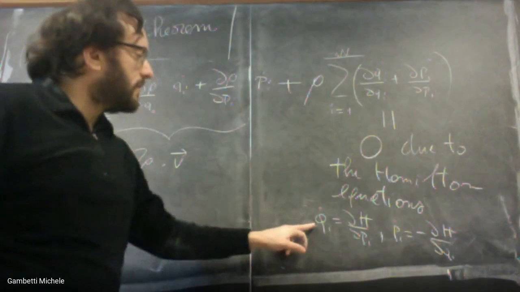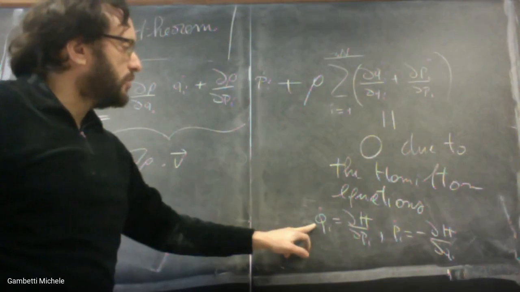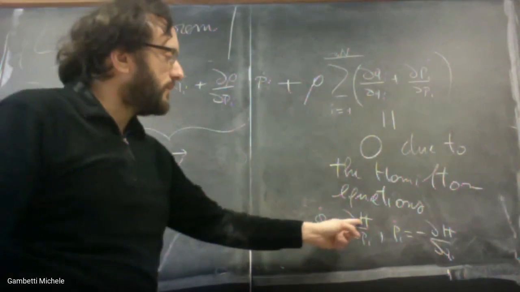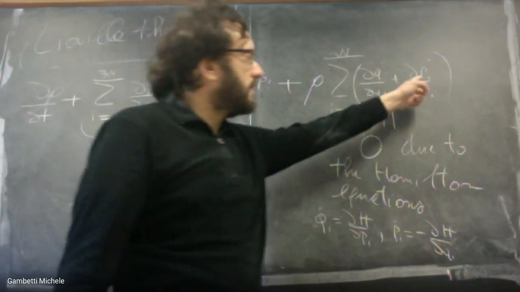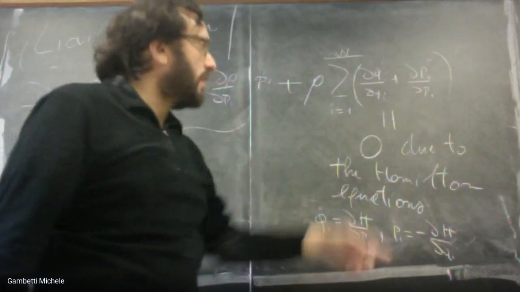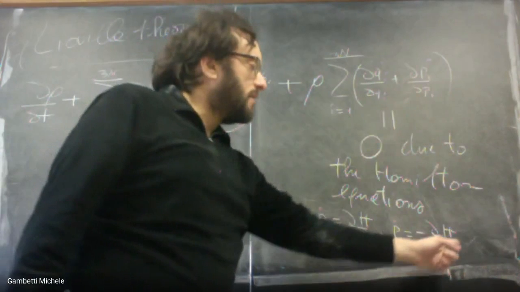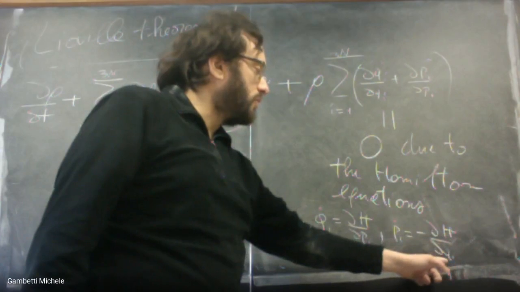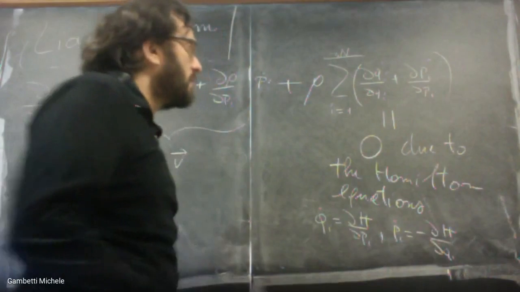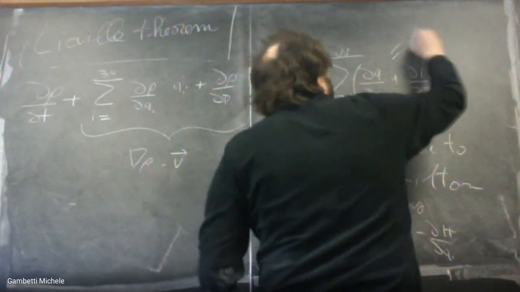So the derivative of q dot i with respect to q_i is actually the mixed derivative of H with respect to p_i and q_i, and the derivative of p dot i with respect to p_i is again the mixed second derivative of H with respect to q_i and p_i. So therefore this is equal to 0.